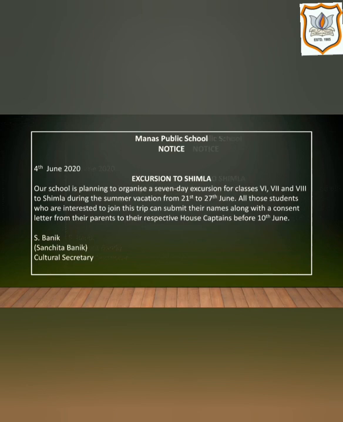All those students who are interested to join this trip can submit their names along with a consent letter from their parents to their respective house captains before 10th June. S. Banik, Sanchita Banik, Cultural Secretary. So this is how we can write a notice.